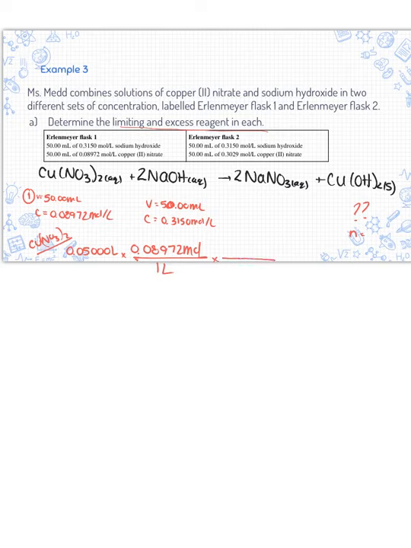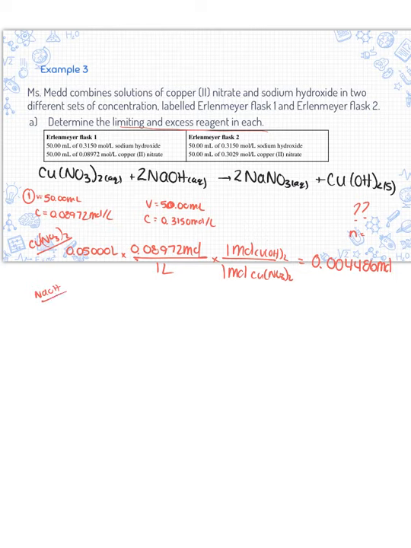And our mole ratio from copper nitrate to copper hydroxide is 1 mole per 1 mole. So we get 0.004486 moles.